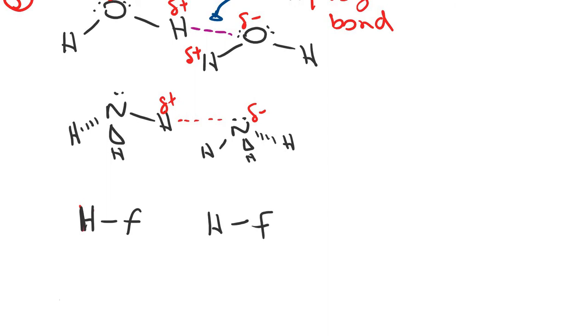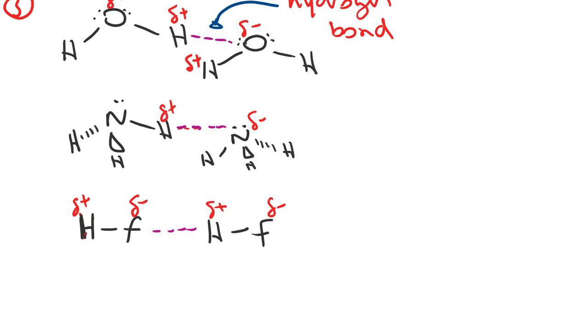The reason is that nitrogen, oxygen and fluorine are electronegative enough to cause this hydrogen atom and this hydrogen atom to be suitably electron deficient, therefore resulting in a very, very strong interaction. Okay, so that will give us our highest boiling point.